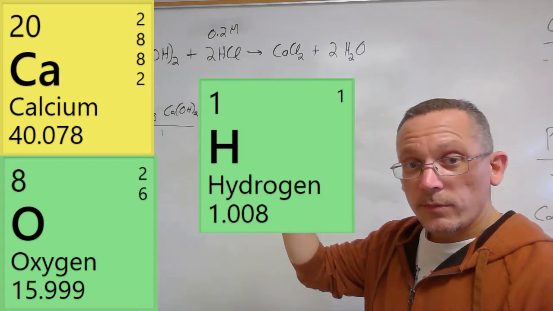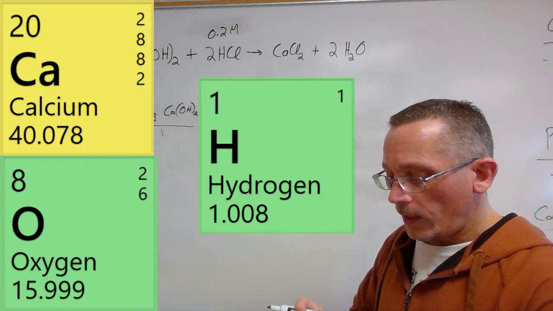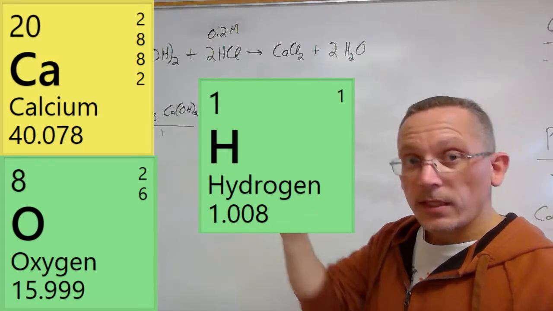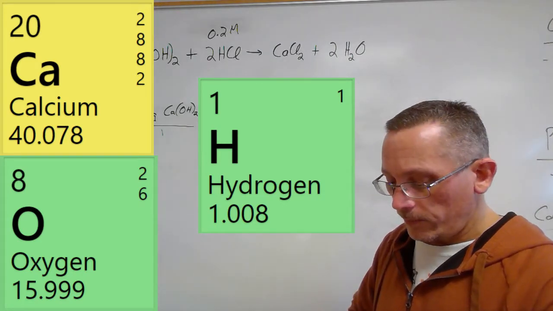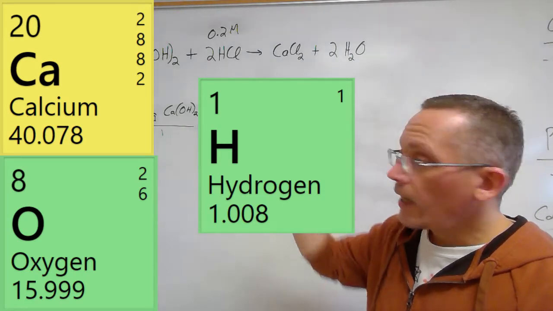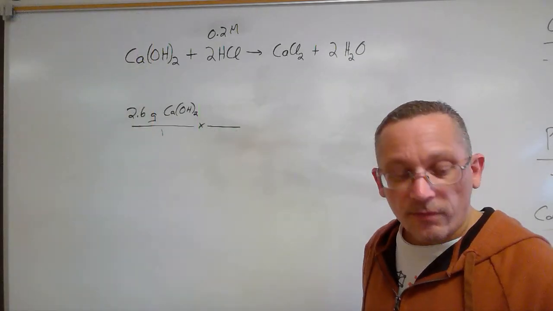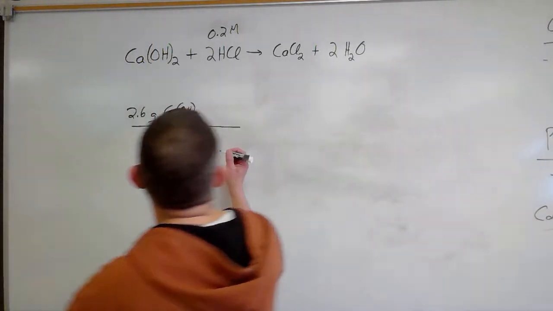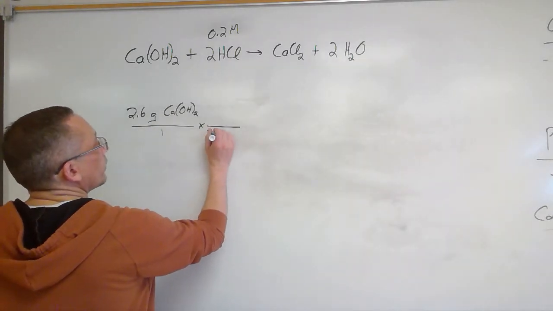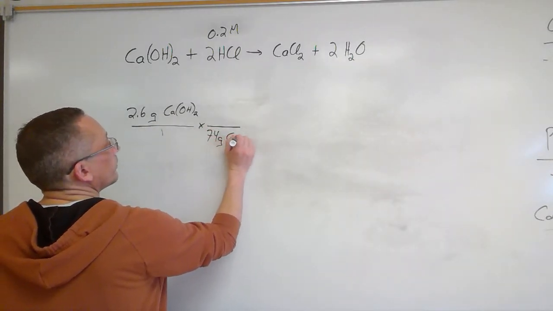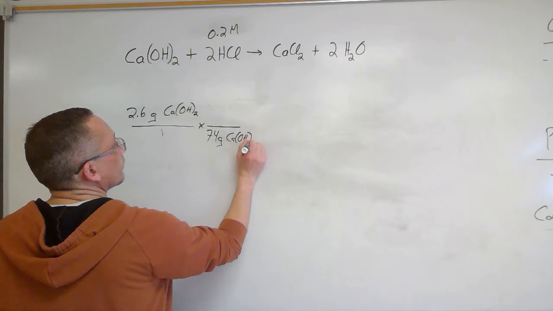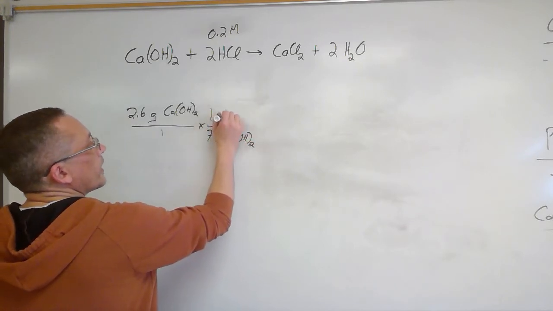Calcium is about 40. Oxygen is about 16, and there are 2 of them. And hydrogen is about 1, and there are 2 of them. So I get 74 grams. So I'm going to put 74 grams on the bottom, and then, of course, 1 mole on the top.